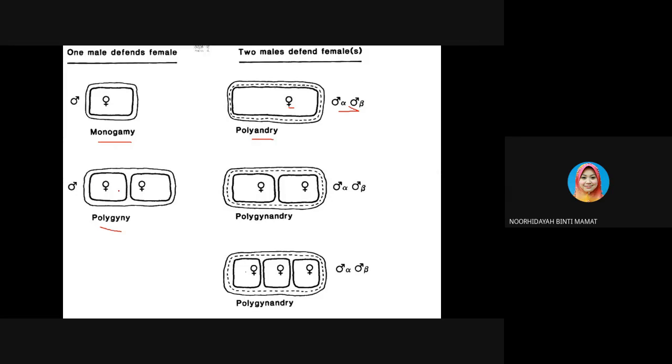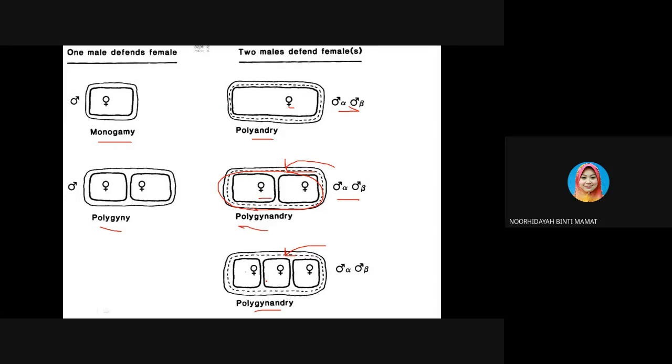So one male will defend the territories of two females. If two males with two females, we call it polygynandry. Two males will defend the territories of two females, or two males will defend the territories of several females. So this is what we call polygynandry.